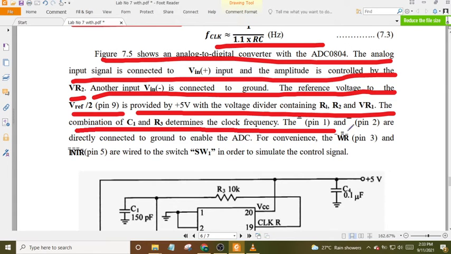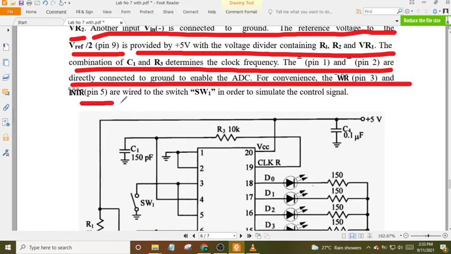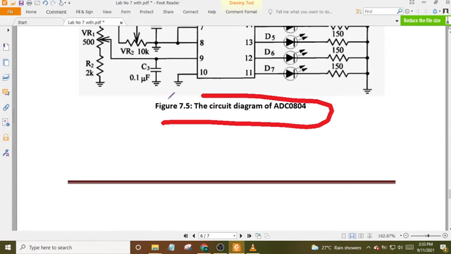The pin 1 and pin 2 are directly connected to ground to enable the ADC. For convenience, the pin 3 and pin 5 are wired to switch SW1 in order to simulate the control signal. Figure 7.5, the circuit diagram of ADC0804.